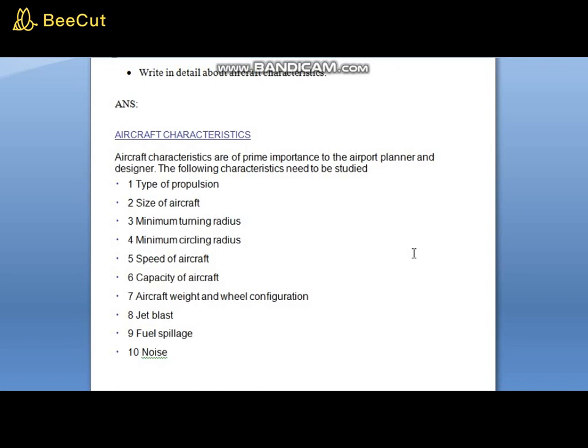The first is type of propulsion. The second important aircraft characteristic is size of aircraft.